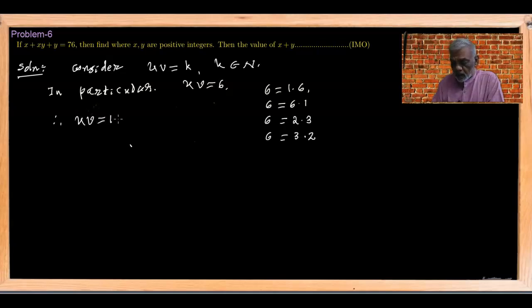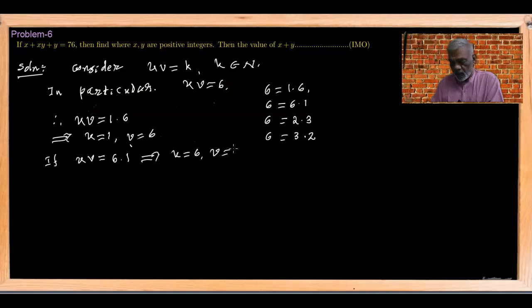uv equal to 1 into 6 implies u equal to 1 and v equal to 6. If uv equal to, in the second case, 6 into 1, implies u equal to 6 and v equal to 1.